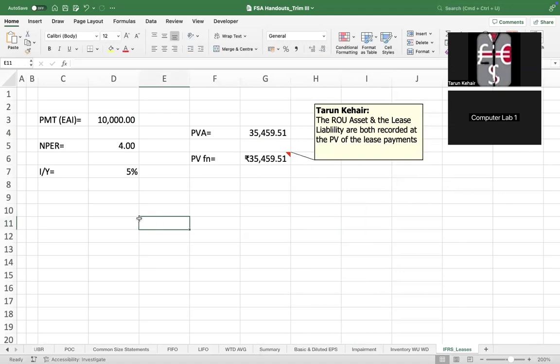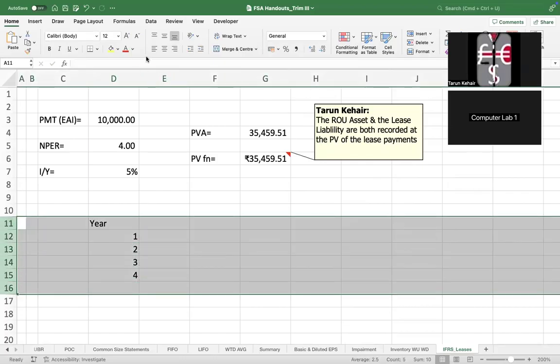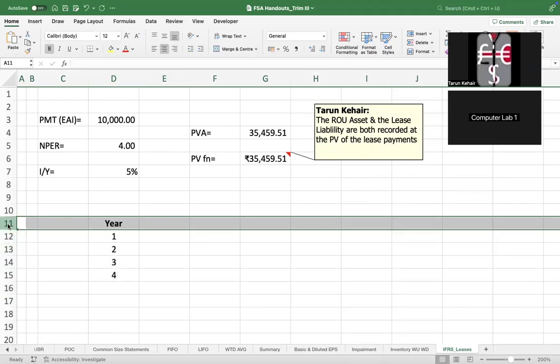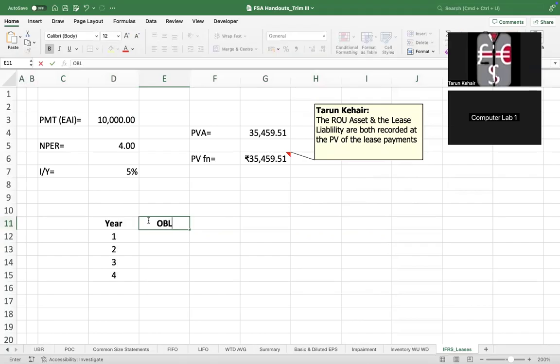Now the first step is to construct the loan amortization schedule, for which I will put here year 1, 2, 3, and 4. We start with the opening balance of the loan, then add the interest, reduce the equated annual installment, and arrive at the closing balance of the loan.